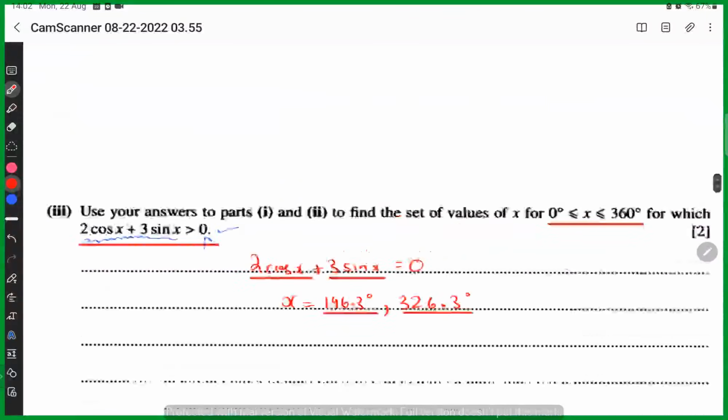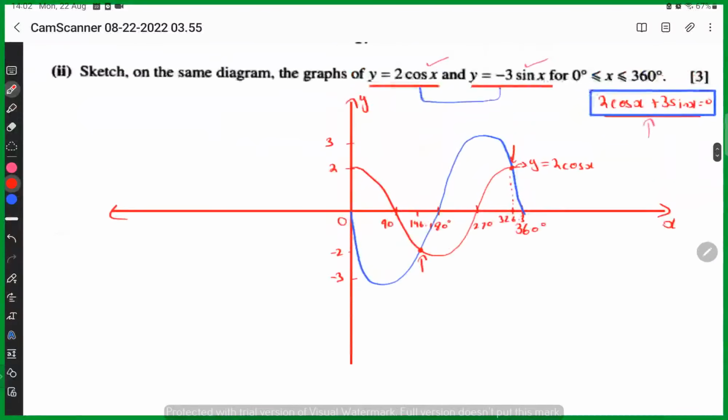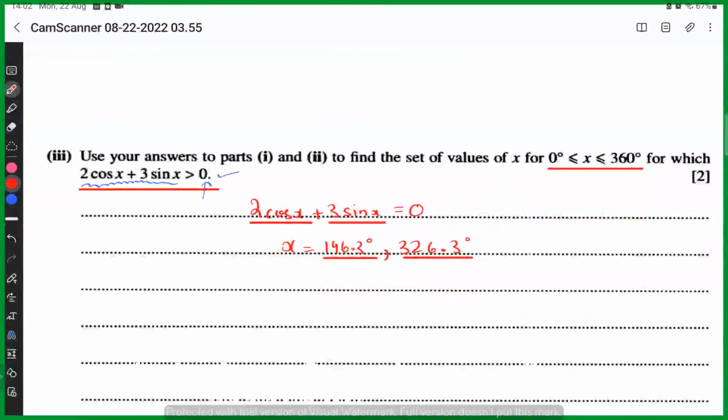Now, I need to solve this inequality. The inequality says 2 cos x plus 3 sin x is greater than 0. When I simplified the entire thing, I got tan x equal to minus 2 by 3.